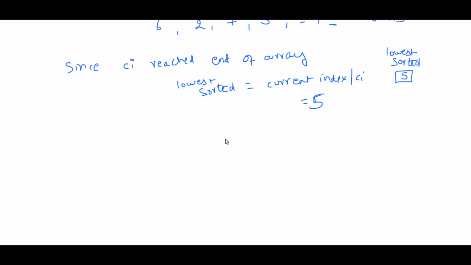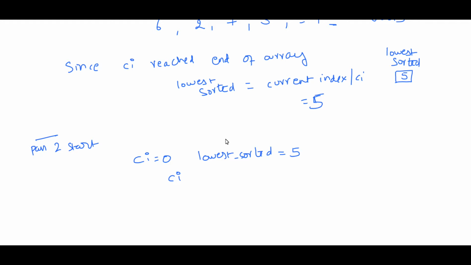So this is the end of pass 1. We're going to pass 2 at this point. We're going to do pass 2 start. When we start pass 2, we have to start again at the starting of the array. So our CI is once again set to 0. Our lowest sorted is equal to 5.